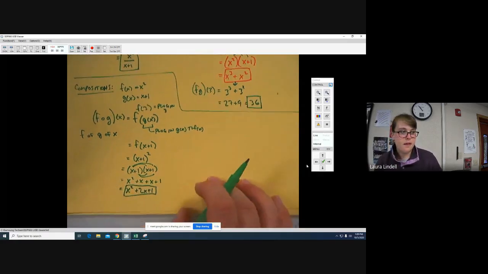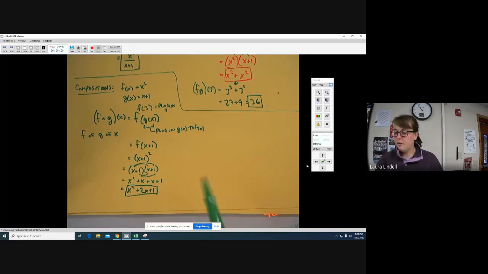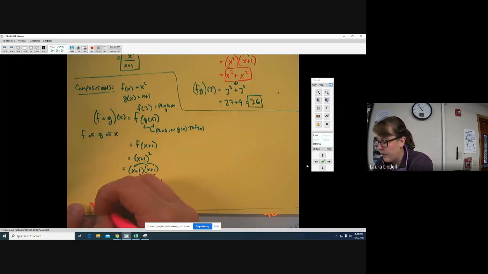Okay. So that's f of g of x. That's our new function, f of g of x: x squared plus 2x plus 1. So then, kind of like we saw up above with f times g of x and f times g of 3, we could also be asked to do something similar here. We could be asked, what is f of g of 5?